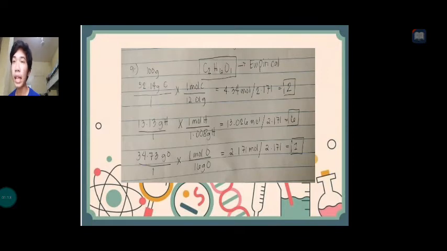So we say that 100 grams represents the compound, and 52.14 grams carbon, 13.13 grams hydrogen, and 34.73 grams oxygen.